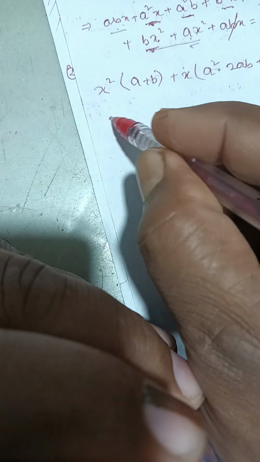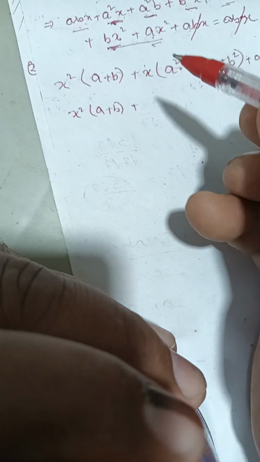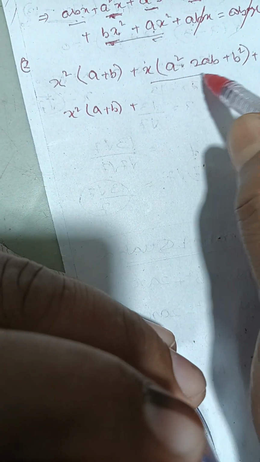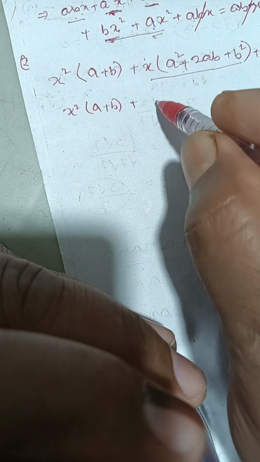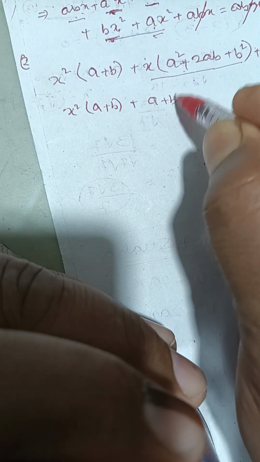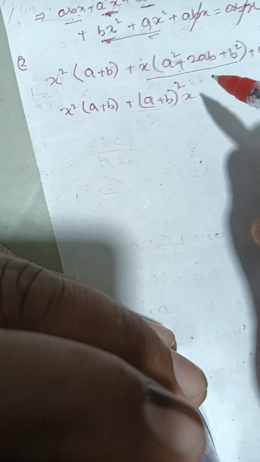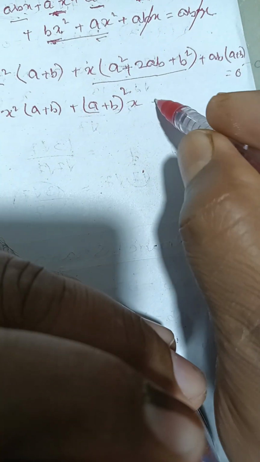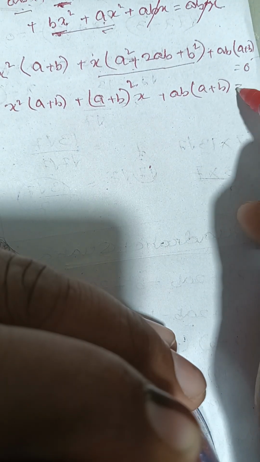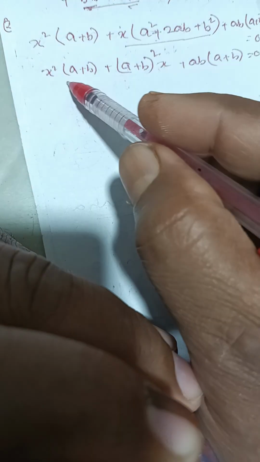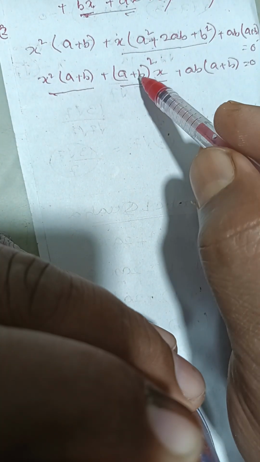Now you write x square into a plus b, same plus, here you see, it is a formula. A square plus 2ab plus b square is a formula of what? A plus b whole square. And x is with it, so you write x. Now you write ab into a plus b is equal to 0. Now you see, in this term a plus b is there, in this term a plus b is 2 times.